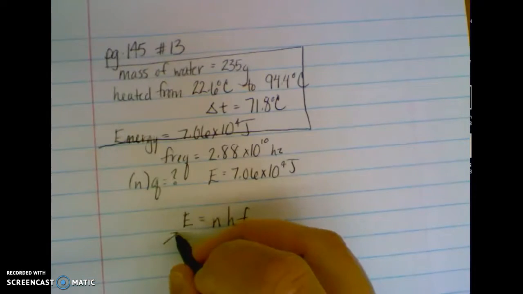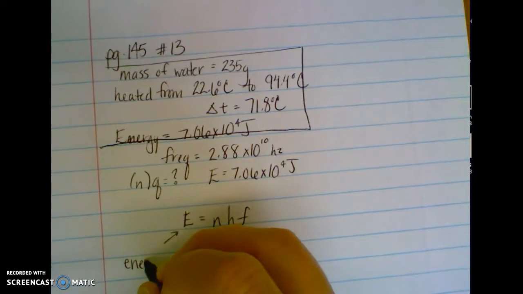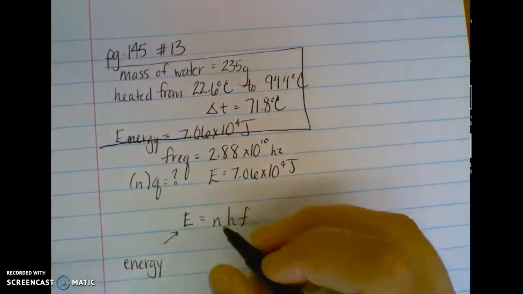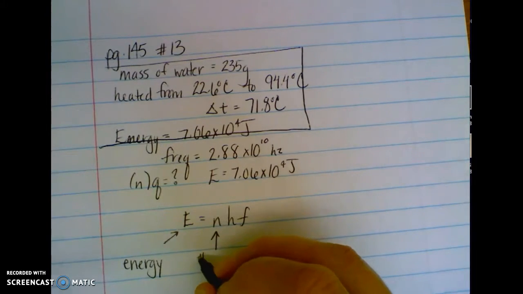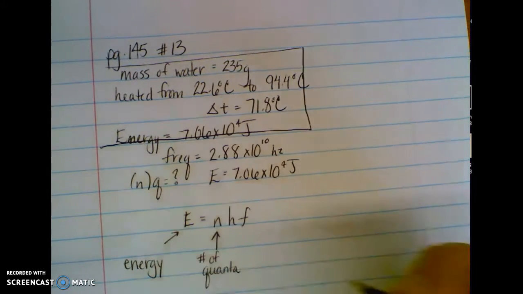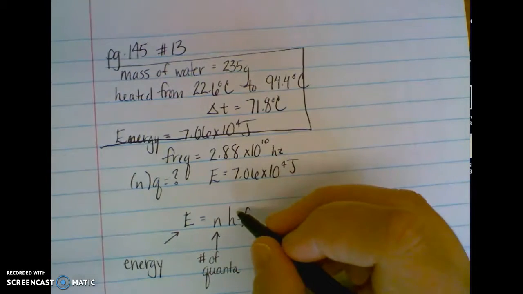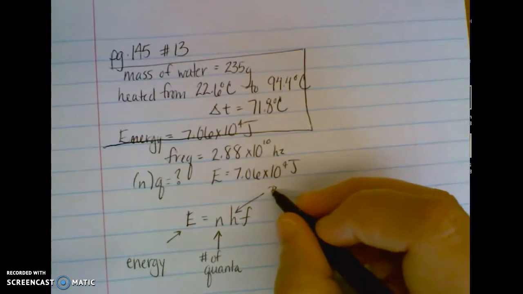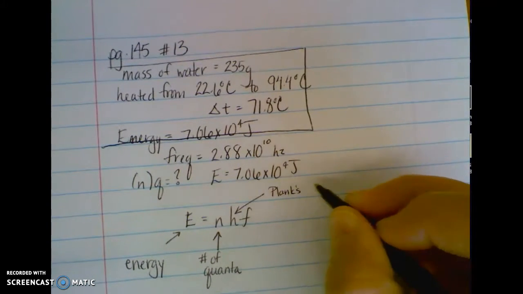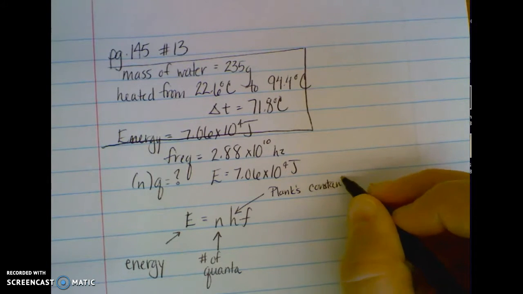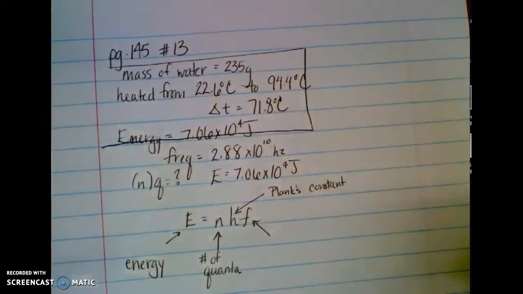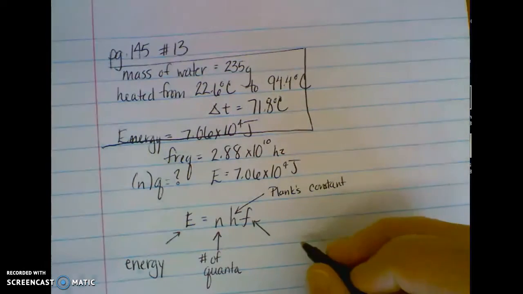So energy is my E. My N represents the number of quanta. The H is Planck's constant, which is given to you, and you can write that in your packet if you want to as well, just to have as an additional thing. And then my F is my frequency.